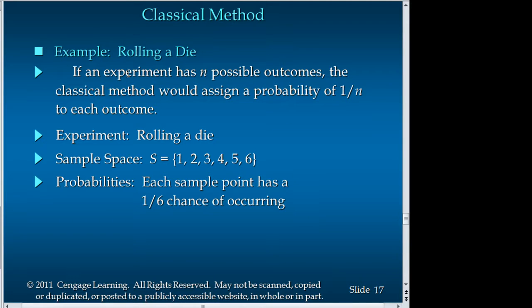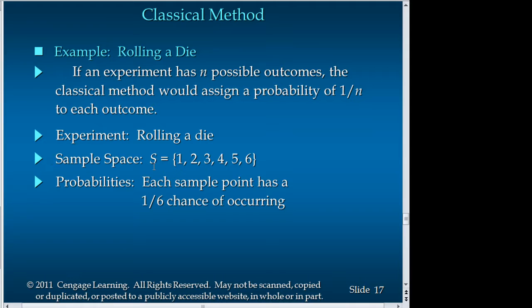So we talked about the classical method, equally likely outcomes. Talk about the rolling a die case. You can get 1 through 6. Those possible outcomes, if you collect all of those possible outcomes, what do you call that? You call that the sample space. Now, I want you to take a note on this.